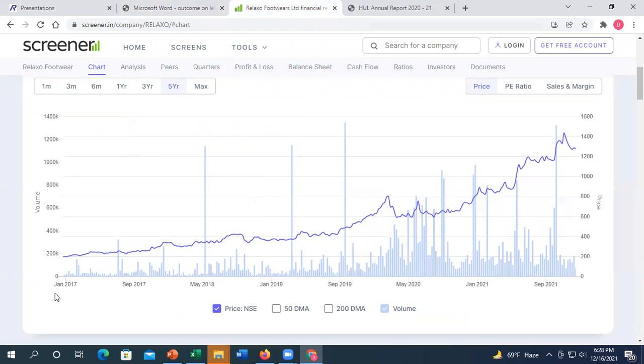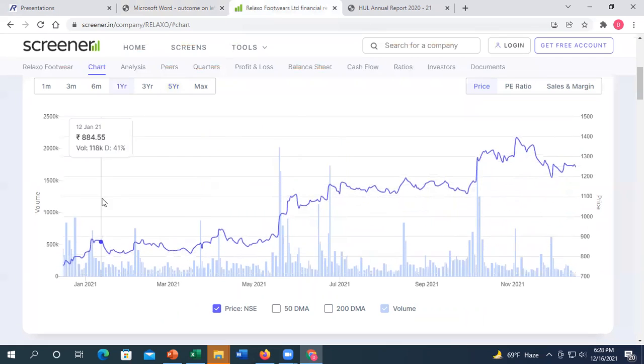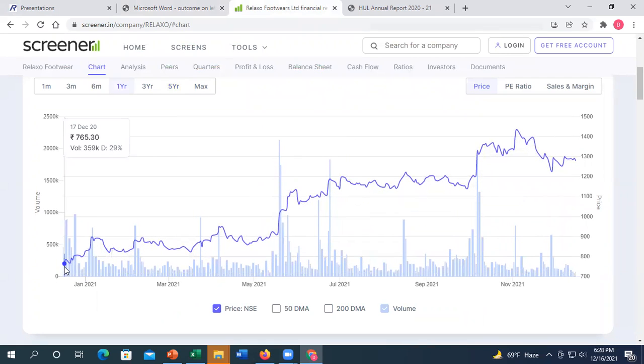In the last 1 year, even in the COVID period, in the month of January the price was about 760, and today's price is 1279. So despite not a very strong or good business environment, the market price of Relaxo has been consistently rising.